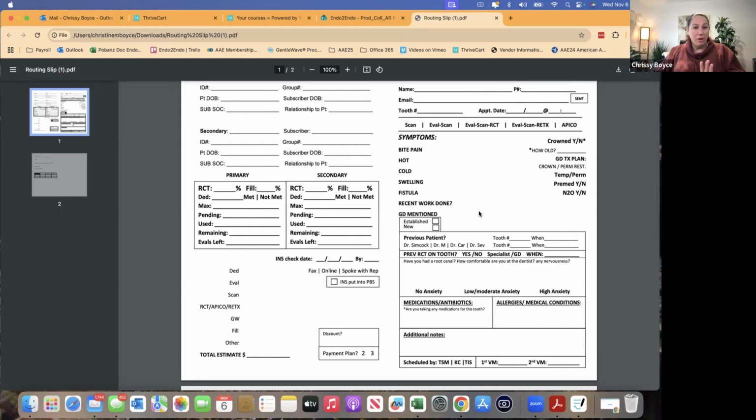Plus, if the referring office ever calls you, this is why everybody does the same exact thing, they can look at this and see, oh yeah, it looks like they talked to such and such on this date, they offered them this appointment, they chose the evaluation. Any questions so far?